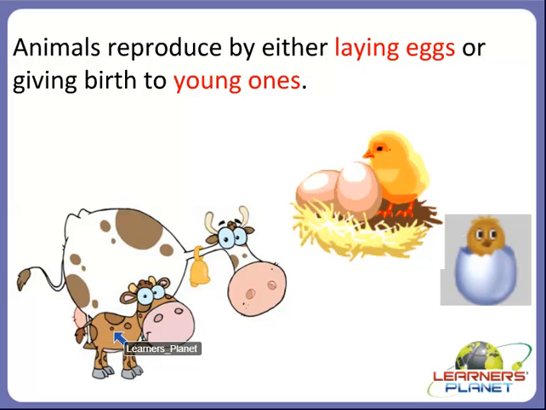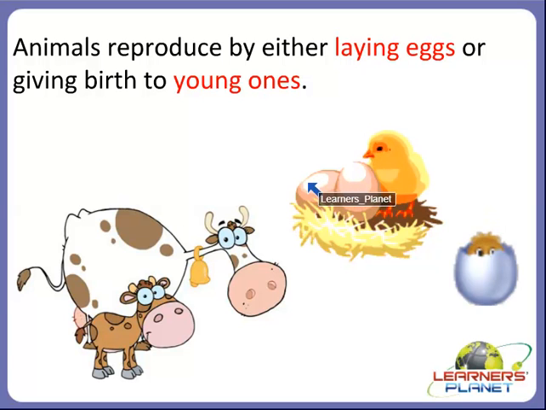But a hen gives birth to the chick by laying eggs. So children, we can see in the picture. Yes, children, this is a young one. This is a chick. So a hen lays eggs and gives birth to a chick.